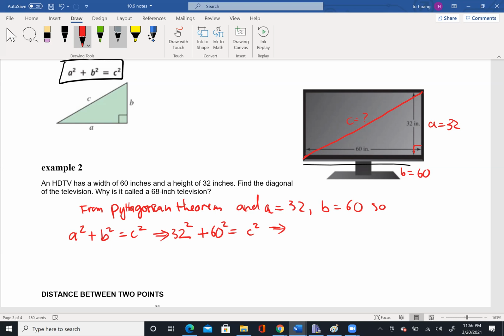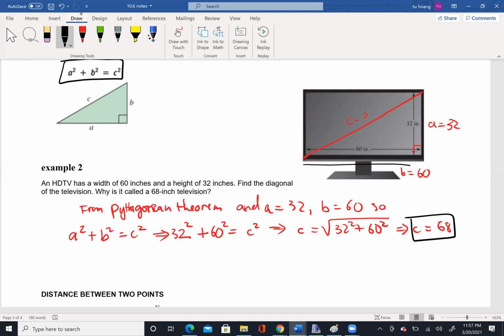Let's make it easier. I take the square root on both sides, so C will be equal to the square root of 32 squared plus 60 squared. And then C equals 68. So that is a way to apply the Pythagorean theorem to real life problems.